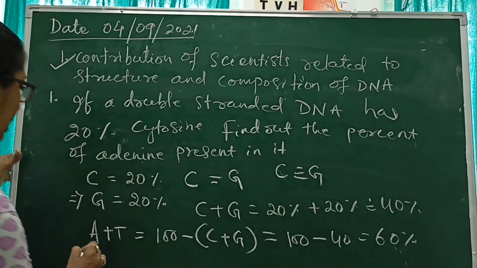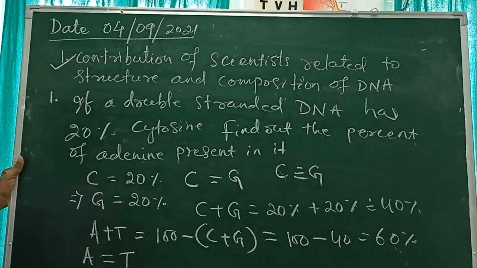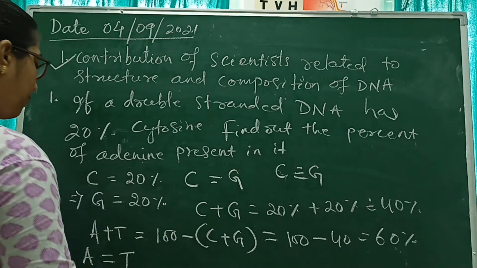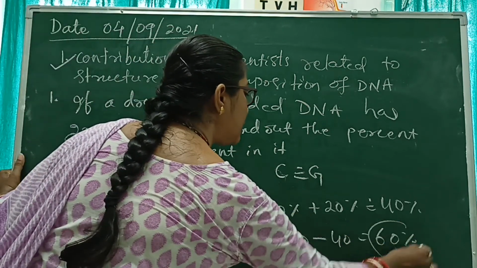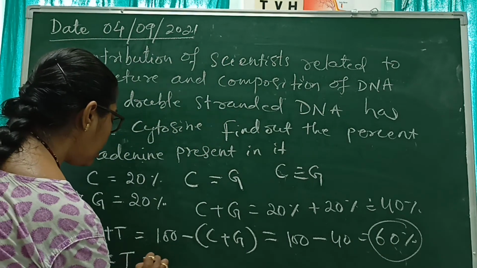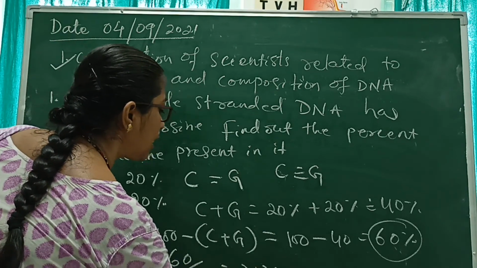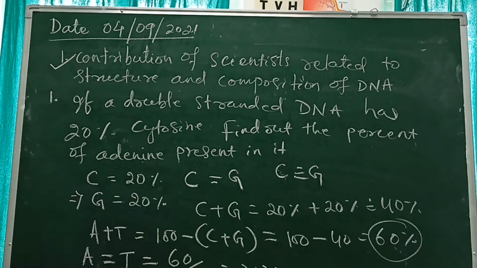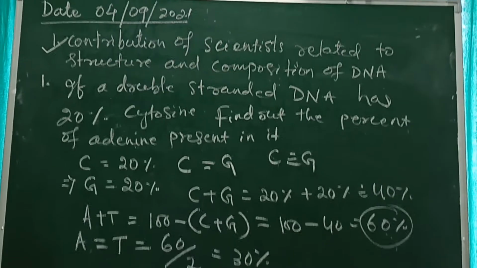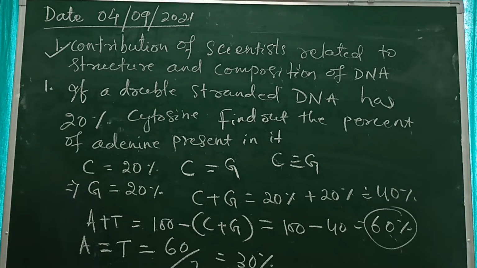And we know that the number of A is equal to the number of T. So if A plus T is equal to 60%, that means A is equal to T is equal to 60 by 2, which is 30%. So the amount of adenine or thymine present is 30%.